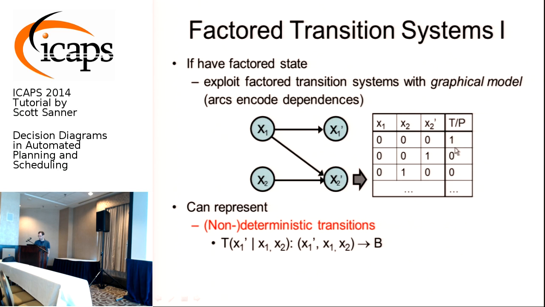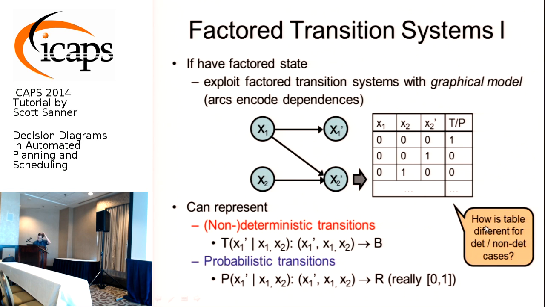Okay, and I could represent that function in this way. So if I'm in state x1 is 0 and x2 is 0, is getting to x2 prime 0 possible? Well, if it's 1, it's true or possible, and if it's 0, it's false. Okay, so non-determinism can be encoded in this sort of model where you have a function from a Boolean domain to a Boolean range.